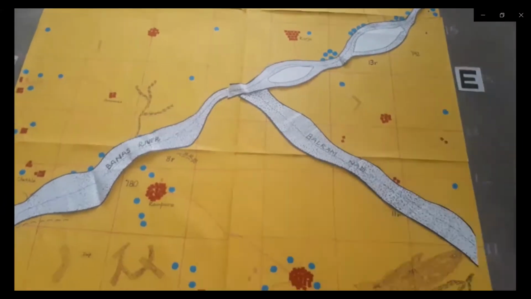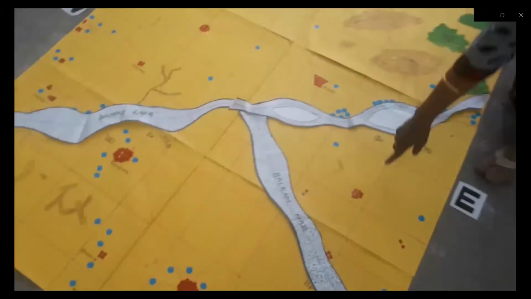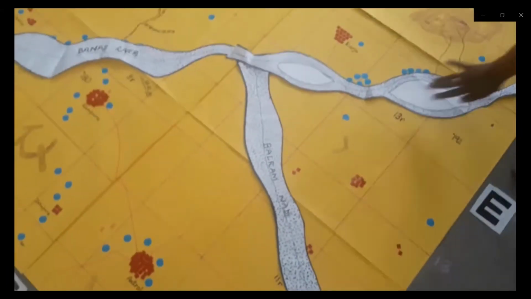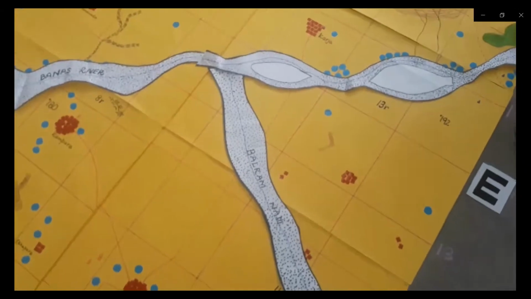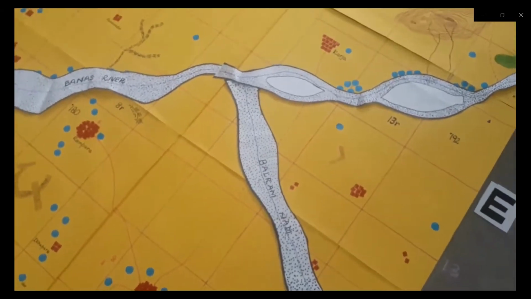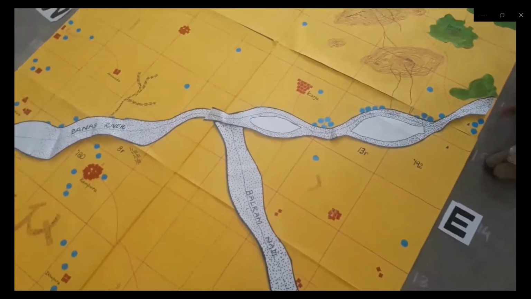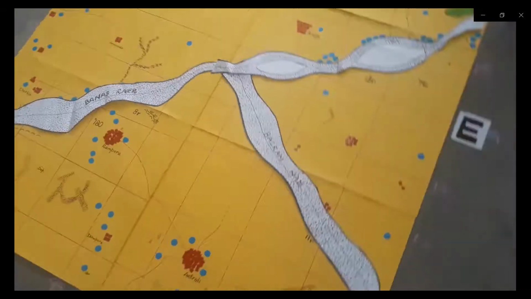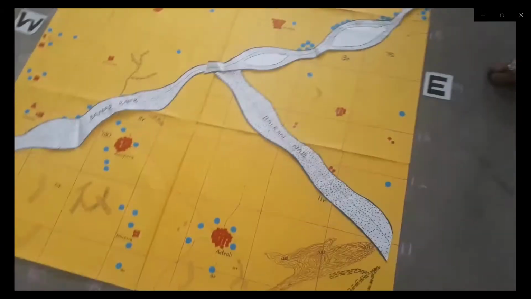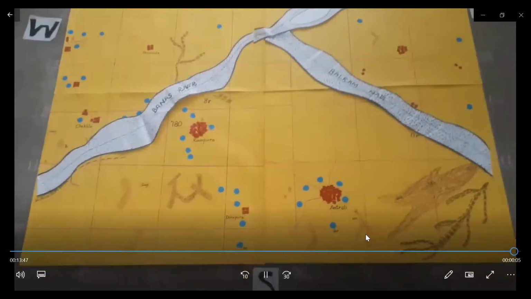But if I ask you, this particular settlement, settlement A, just an imaginary name I have given, this settlement is on which bank of Banas river? So in this case, this is a source, children. So this will be on the left bank of Banas river. Right? Now these are all several different kinds of symbols which you are already aware of. Now can you see?